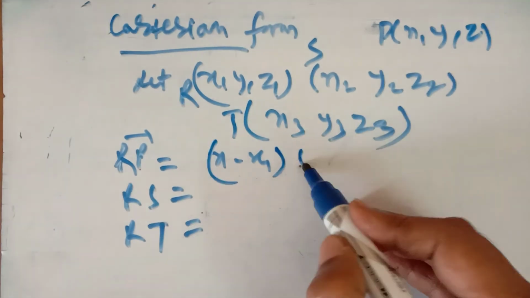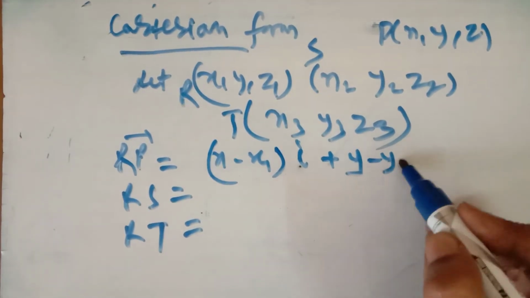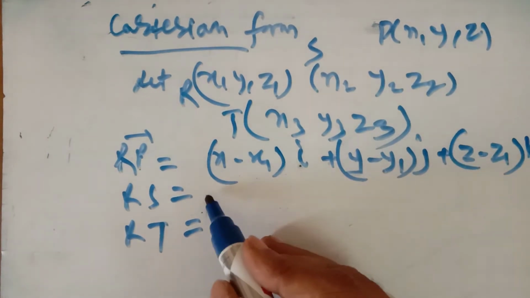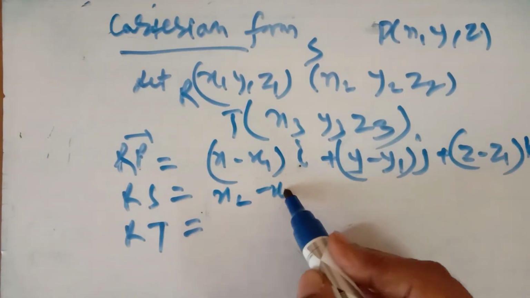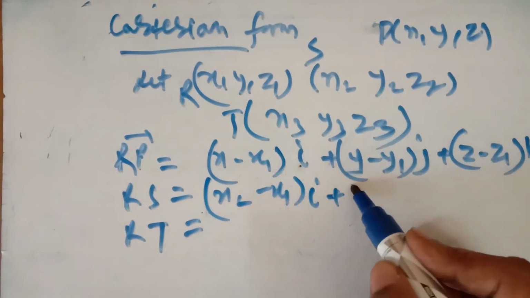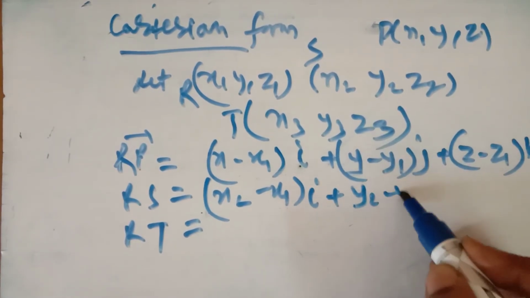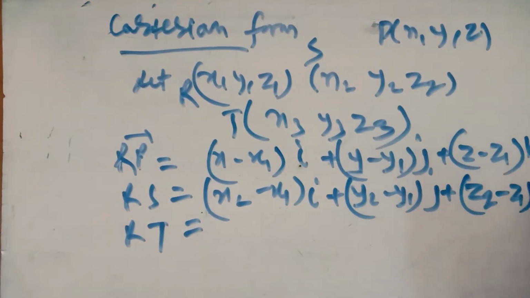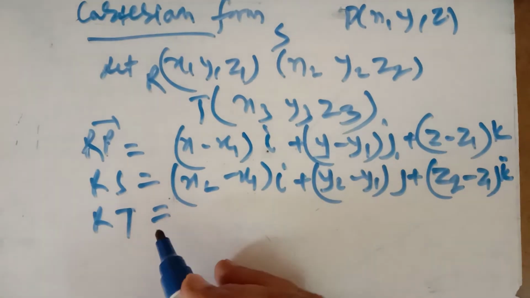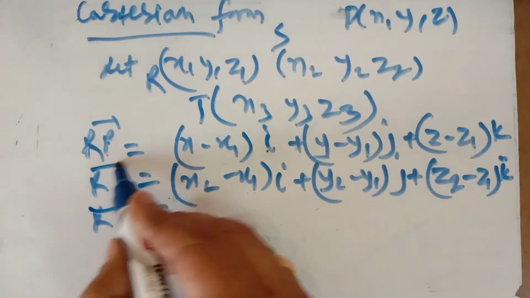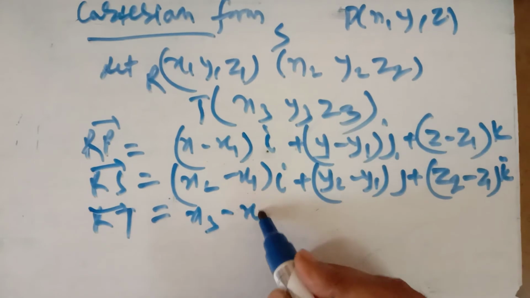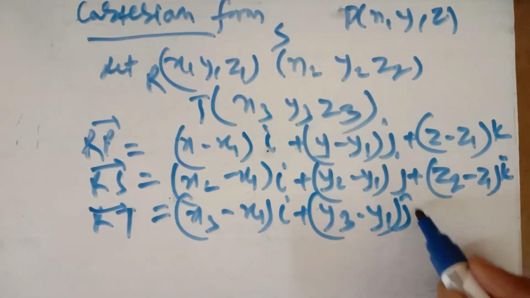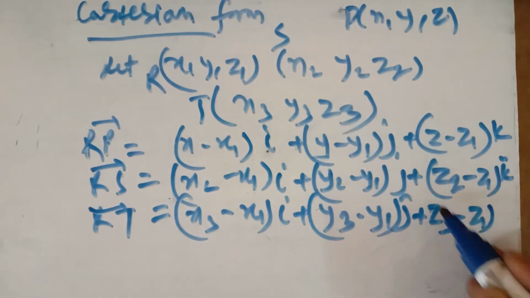So RP is x minus x1 i plus y minus y1 j plus z minus z1 k, and RS will be x2 minus x1 i plus y2 minus y1 j plus z2 minus z1 k. This is the vector RS, and the vector RT will be x3 minus x1 i plus y3 minus y1 j plus z3 minus z1 k.